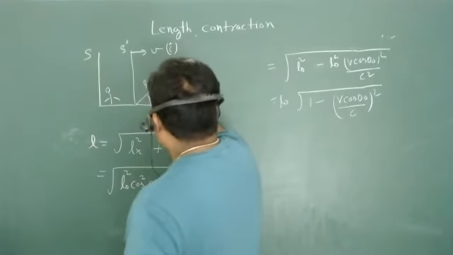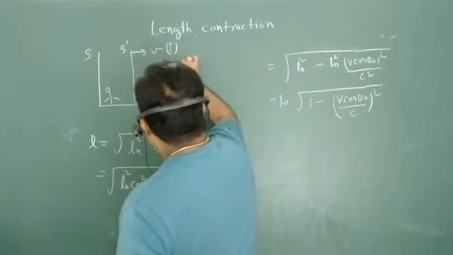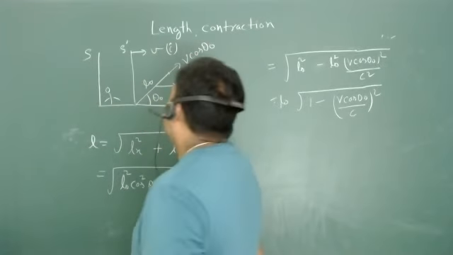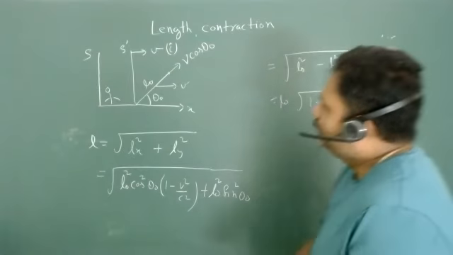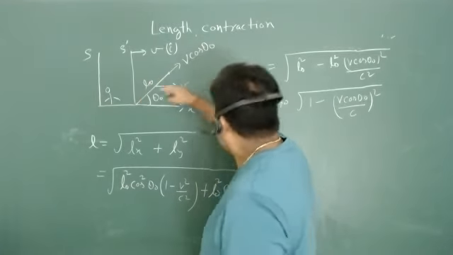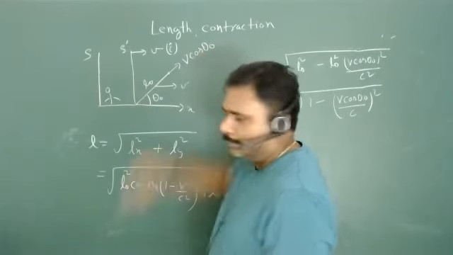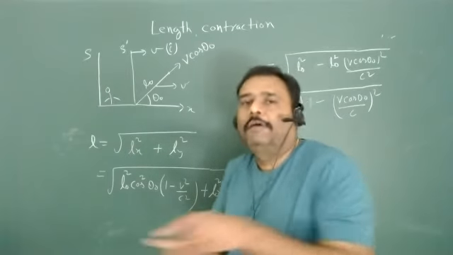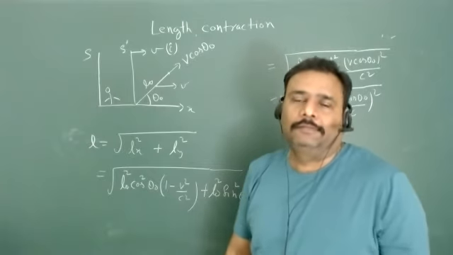So this is my v, and I can take this component of velocity along the length of this rod, and that will be v cos theta naught. It's so beautiful. The length is contracted not due to this velocity, rather due to this velocity. The parallel velocity along the length of the rod takes part in the contraction.